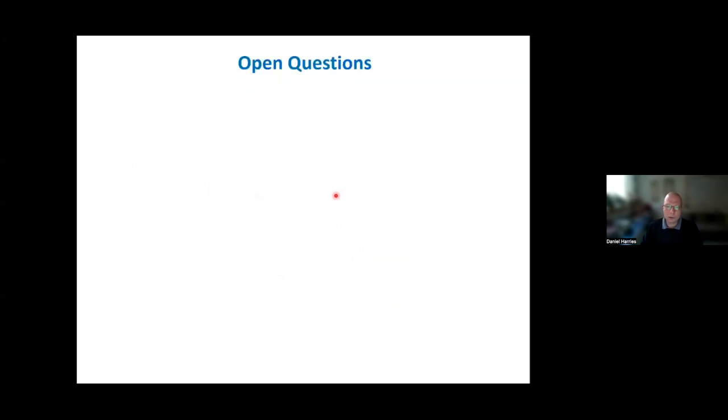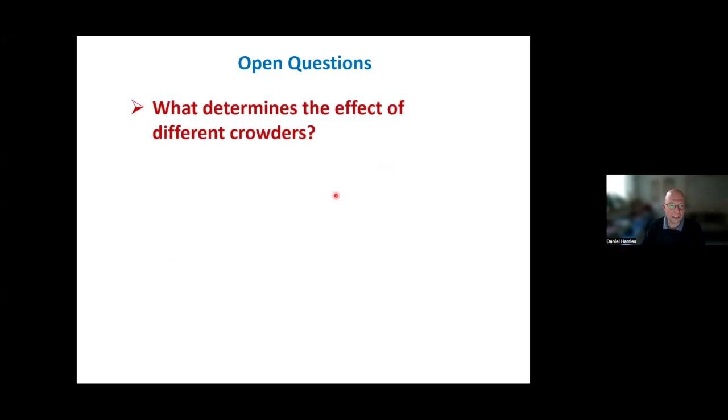So now we have many open questions. This is basically the state of affairs once you realize that there are all these enthalpic contributions. And we would like to devise this model so that it is able to answer at least some of these questions. And there are probably many questions.